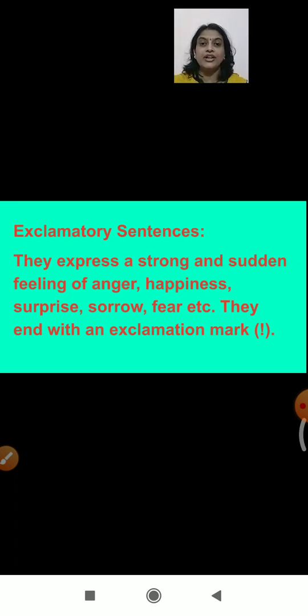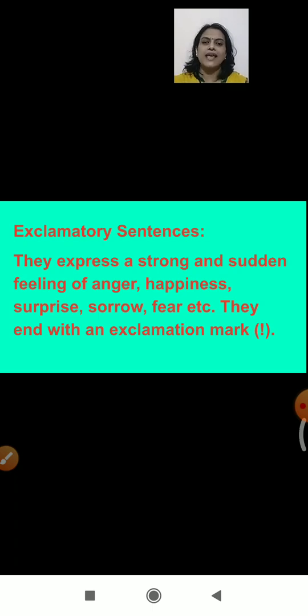Strong and sudden feeling. That feeling can be anything: anger, happiness, surprise, sorrow, fear. So these are all feelings, right? When you find such feelings in the sentence, then you can call it an exclamatory sentence.